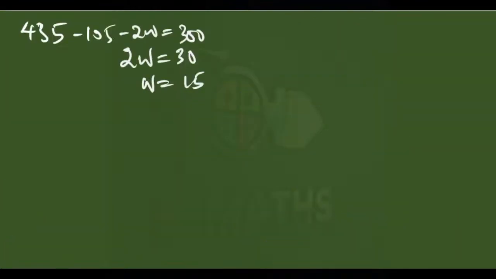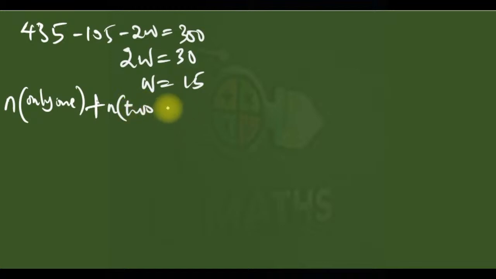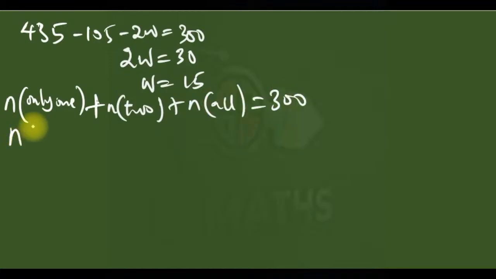So I'm saying that if we add the number that wrote only 1 plus the number that wrote 2 plus the number that wrote all, it will give us 300.